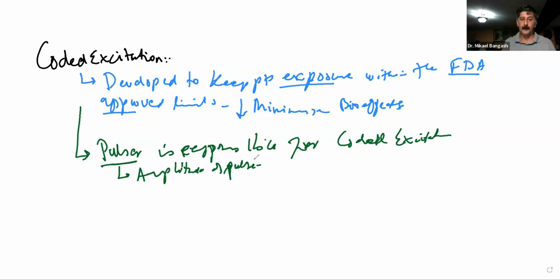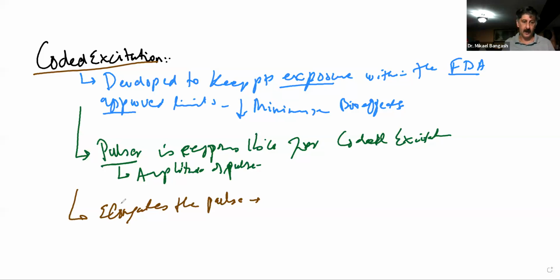Is that clear? Now, what mainly happens in coded excitation is that it elongates the pulse. When we elongate the pulse, that reduces the intensity.